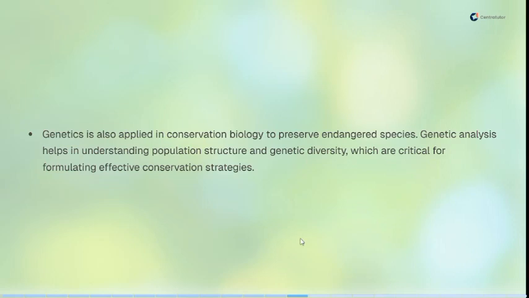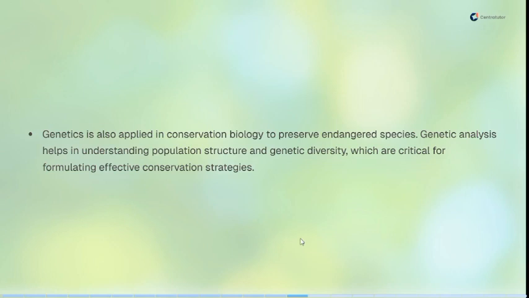How is this done? By taking the gene and replicating it in a new offspring, creating GMOs of these rare breeds, or trying to preserve their genes by taking samples and replicating them in the lab. Genetic analysis helps to understand population structure and genetic diversity, which are critical for formulating effective conservation strategies.